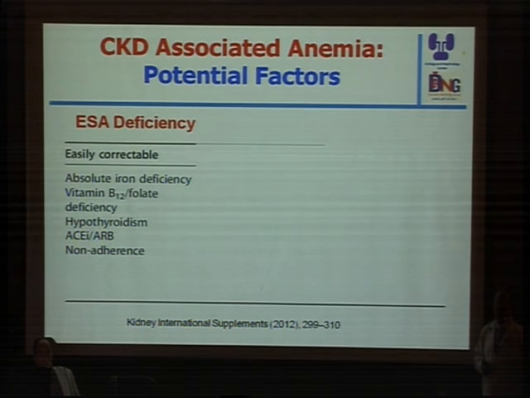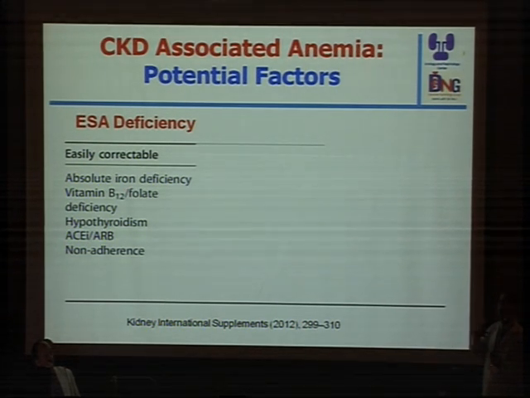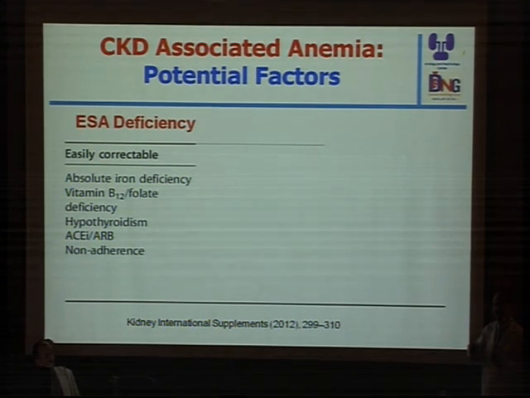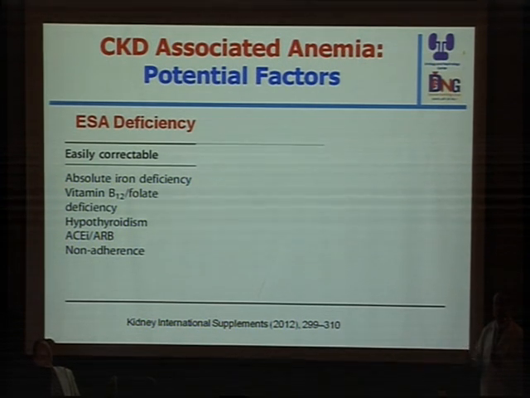Then the best strategy to think of the pathogenic mechanism is to have in your hand the easily correctable factors, that if I think of them and correct them, anemia will improve.